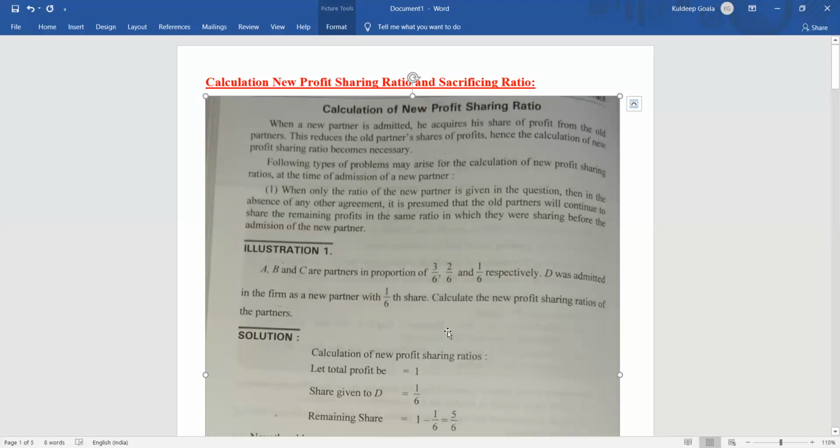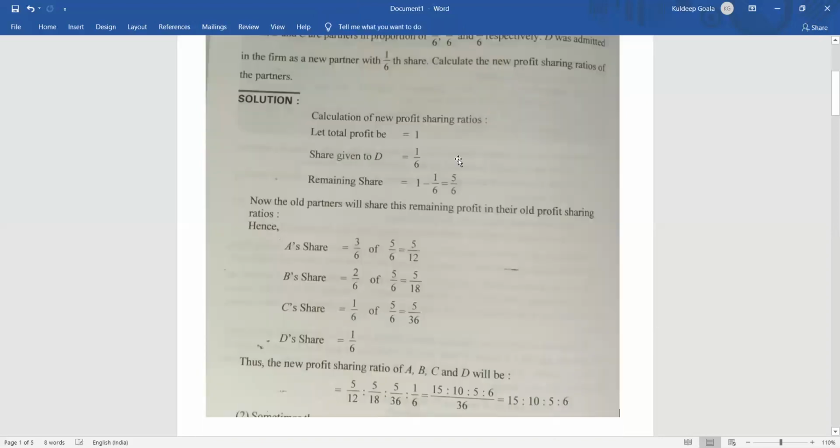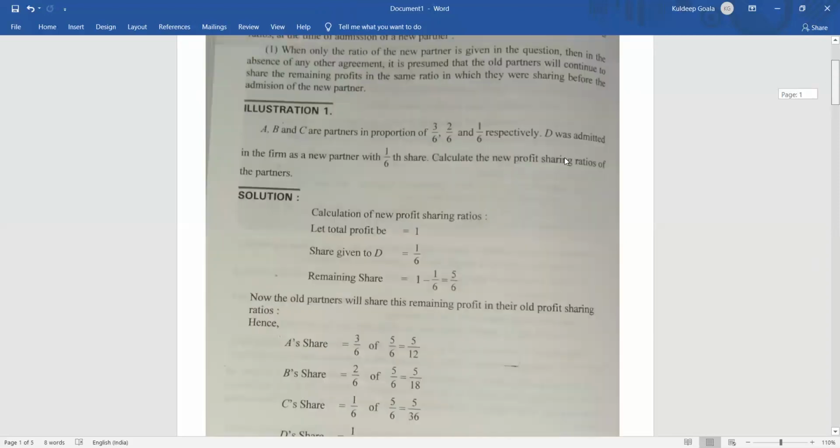What is happening here? First of all, we will take the total share as 1. Try to understand. Whenever the new partner's share is given, first of all you take the total share as 1. 1 means a whole cake, one cake.